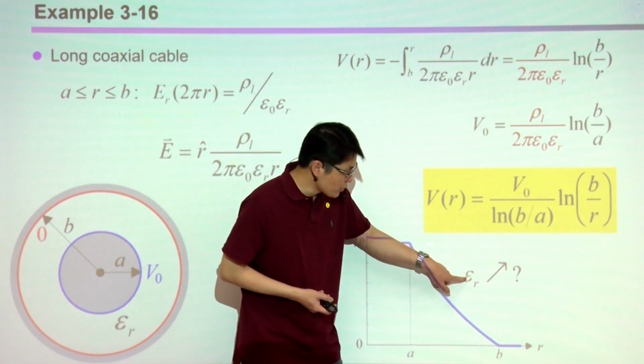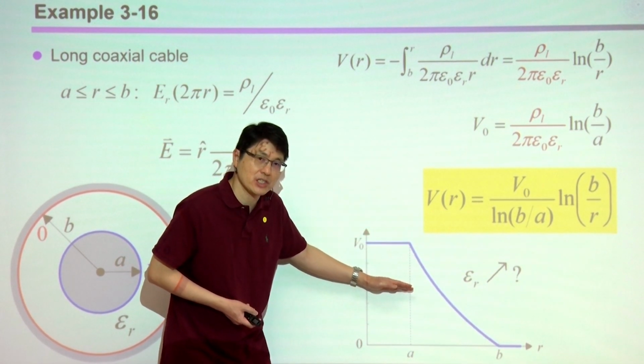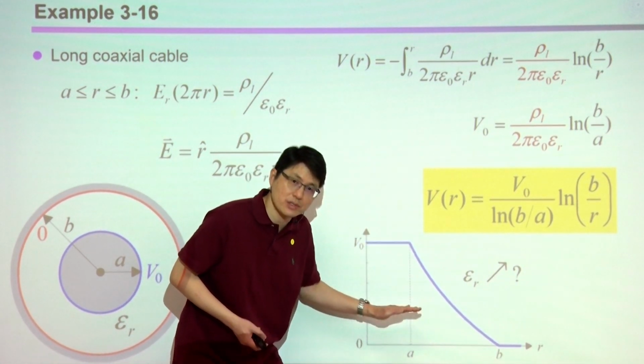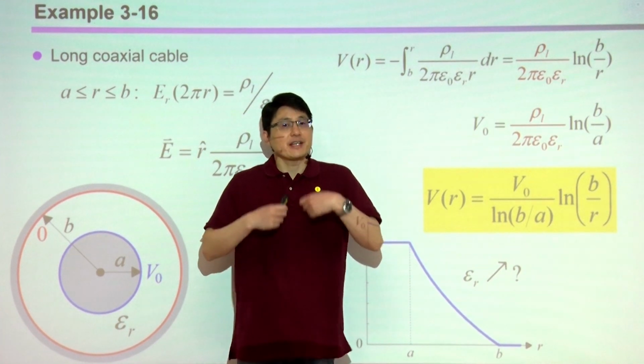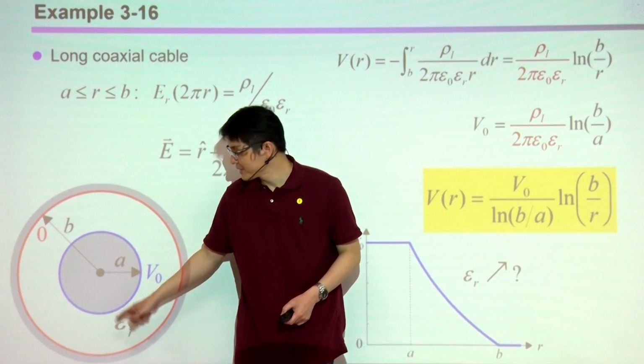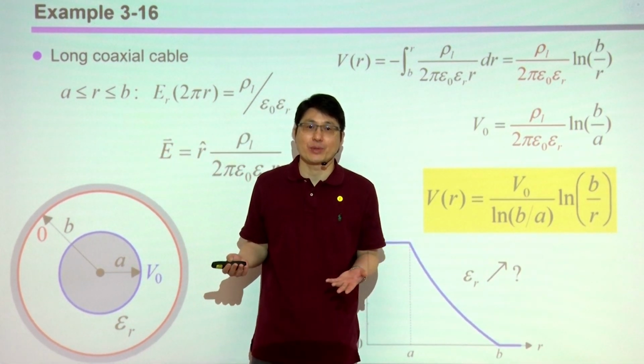So if you increase your epsilon r, you expect to have a reduction in your V0, so the entire curve is reduced. In the extreme case, if you have metal connecting these two metals, it makes sense, right?